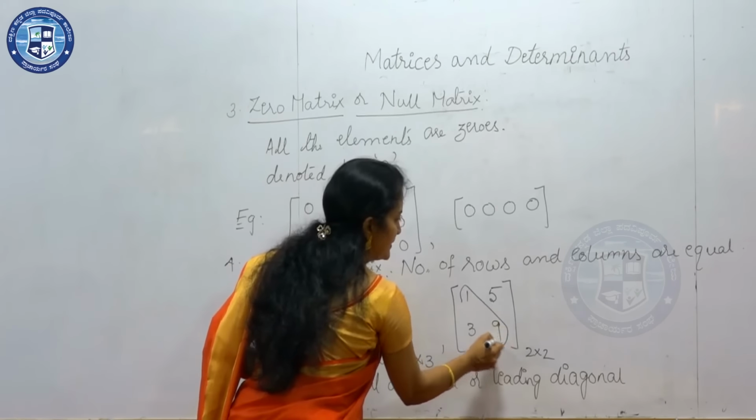Next one is a scalar matrix. What is a scalar matrix? A scalar matrix is a diagonal matrix in which all the diagonal elements are equal.